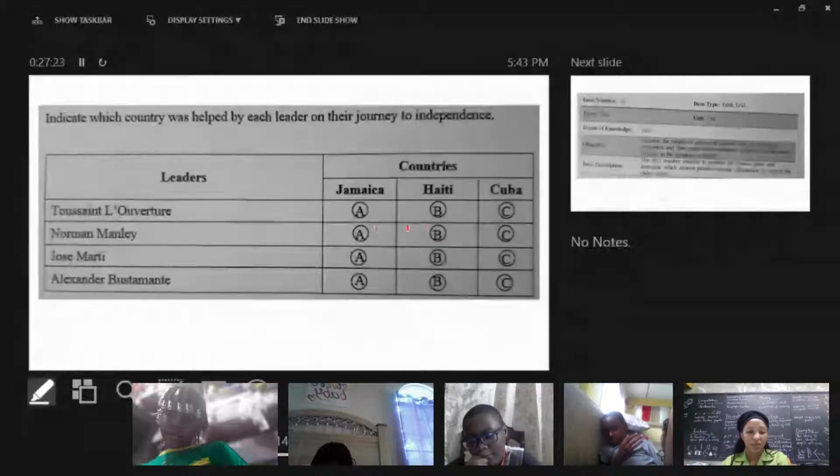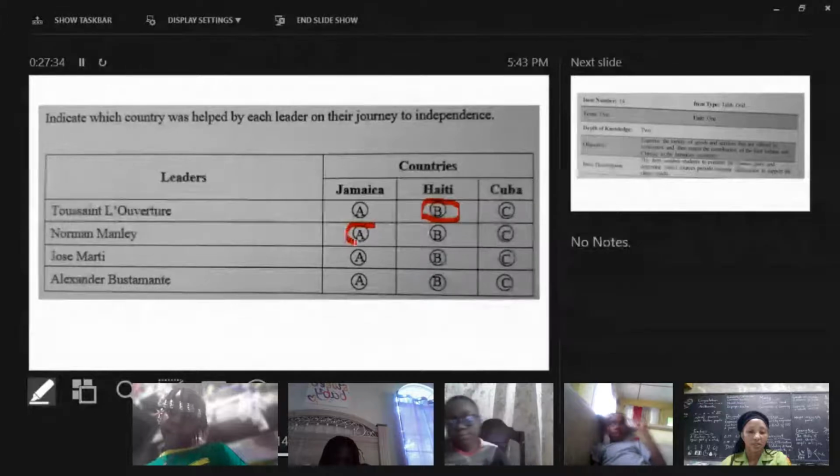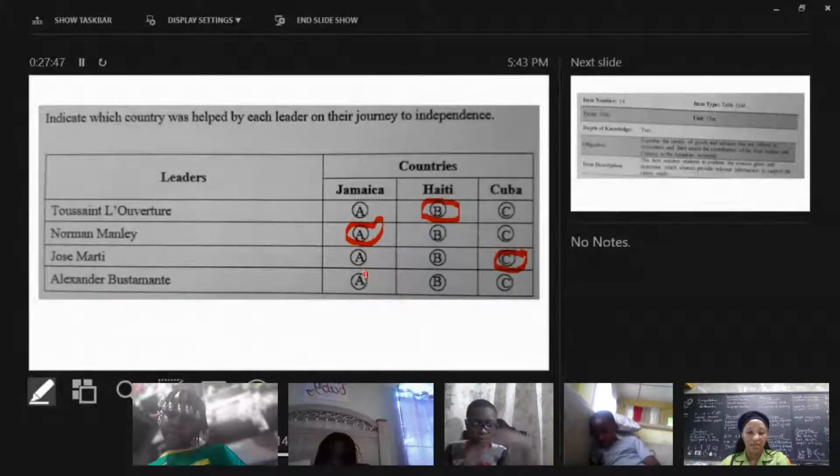So Toussaint was from Haiti. Norman Manley was from Jamaica. Jose Marti was from Cuba. And Alexander Bustamante was from Jamaica.